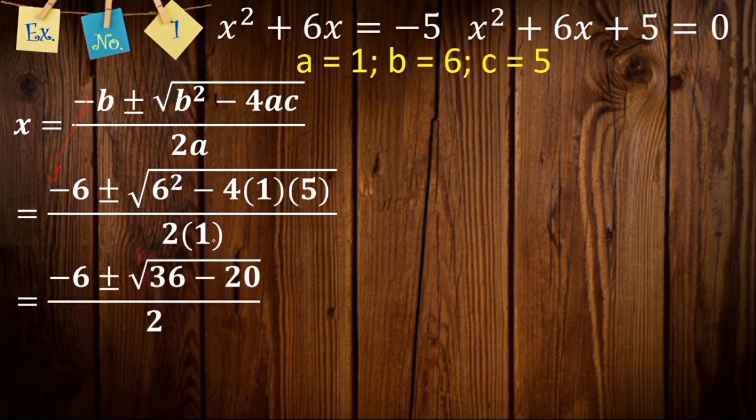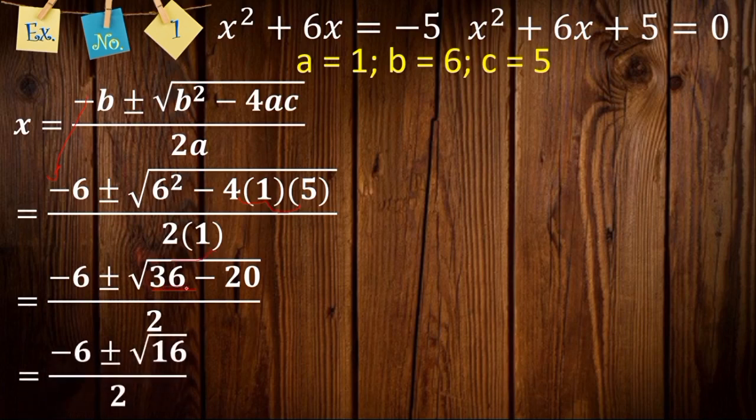Proceed. As you all know, when you are going to perform operations, you must always follow PEMDAS. So with that, 6 squared is 36. 4 times 1 times 5 is 20. All over 2 times 1, 2.